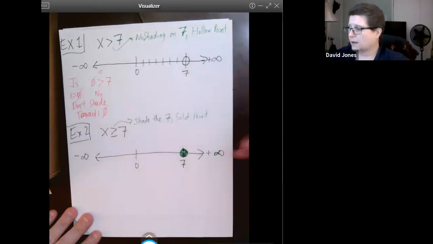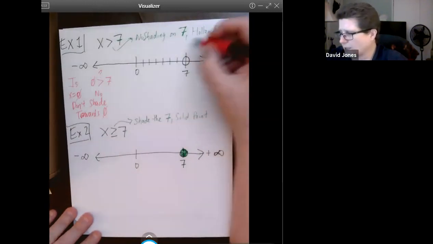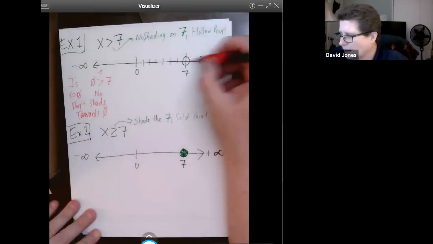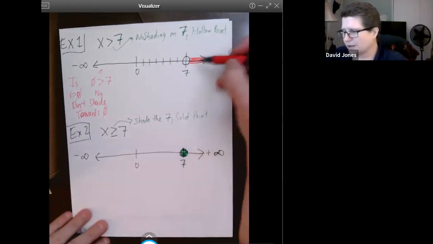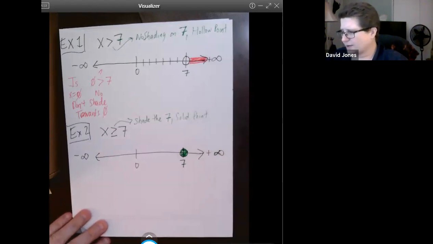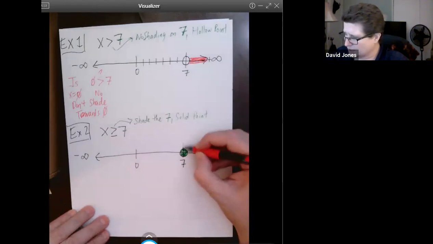So what I'm going to do, you have a couple options. MATLAB does this. They just shade the number line like that. What I like to do, so I showed it on the x is greater than 7, on the x is greater than or equal to 7, what I tend to do is this.